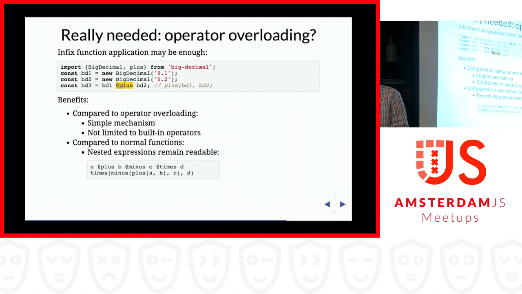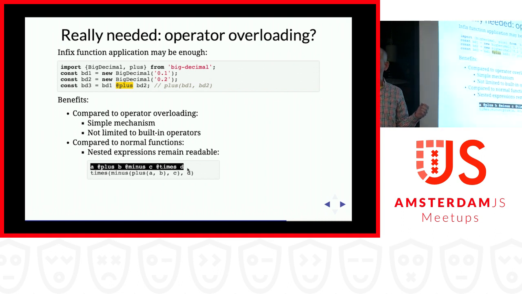We have this infix way of applying it. And the advantage is that if you are more nested, it remains nice. And the advantage when you compare it with normal function operation is that it remains readable even if it's highly nested. And you can add more operators.